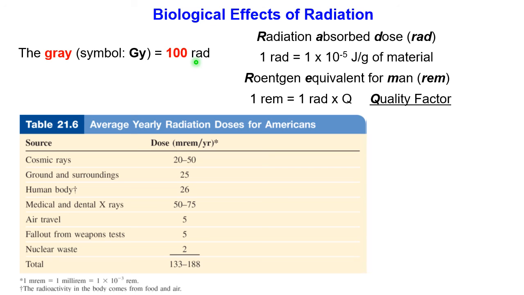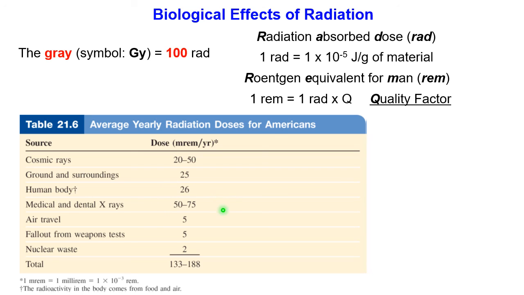Doses we are getting normally are coming from cosmic rays on the surface; at high elevation, slightly higher dosage. Ground and surroundings, again, depends where you are. The human body emits some radiation from carbon-14 and from potassium. It's natural, cannot be avoided.